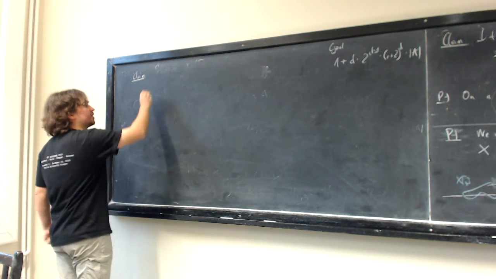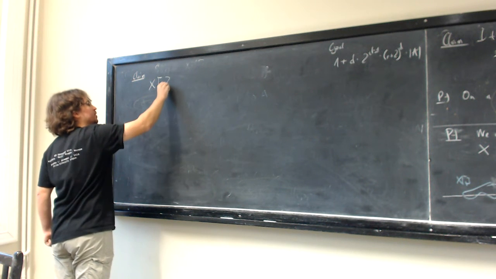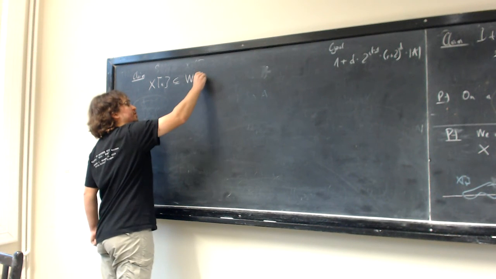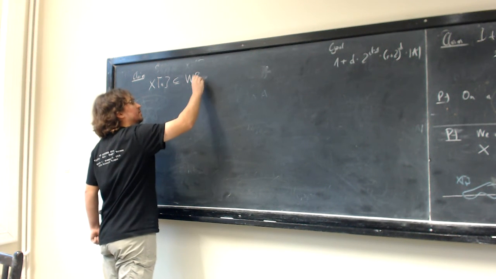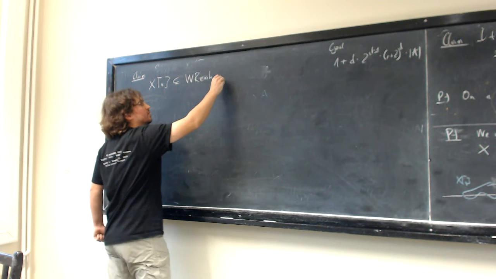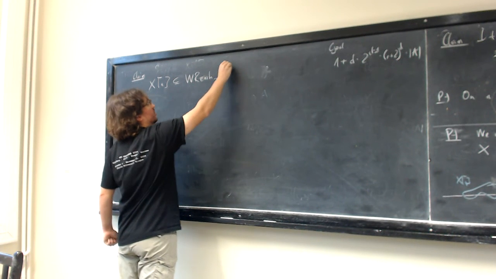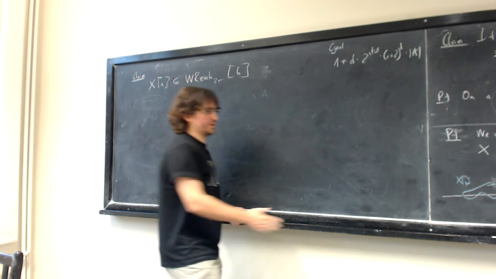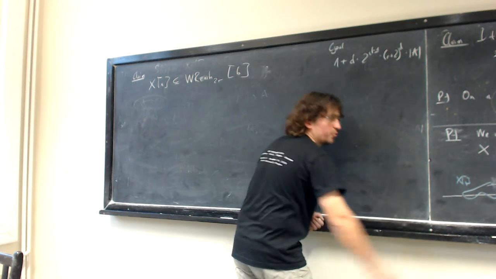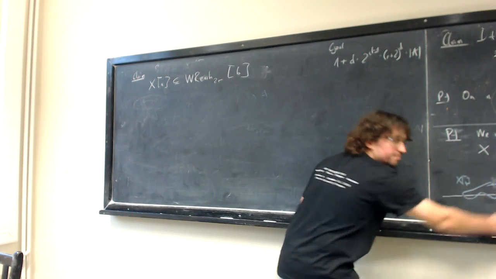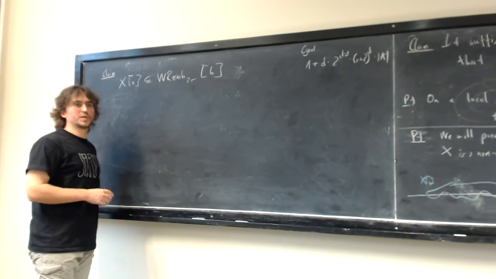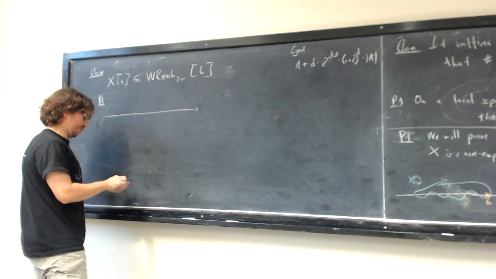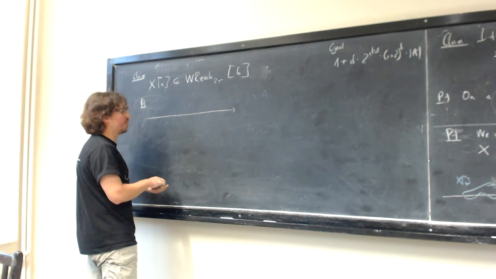I claim that X of u is actually contained in the weak reachability set at distance 2r of B. Namely, all the vertices of X of u are weakly 2r reachable from this guy B. And the proof is, again, the same story of just concatenating two paths.